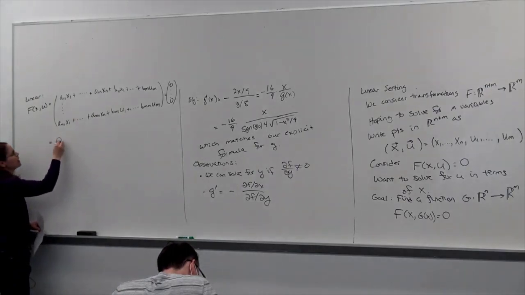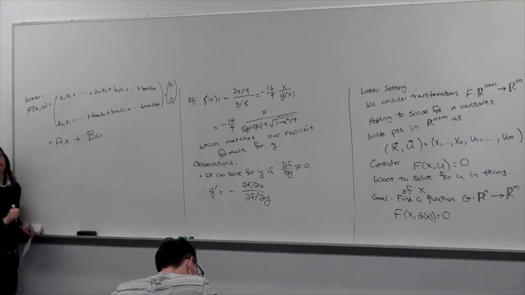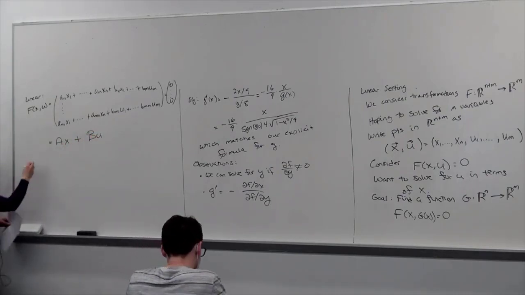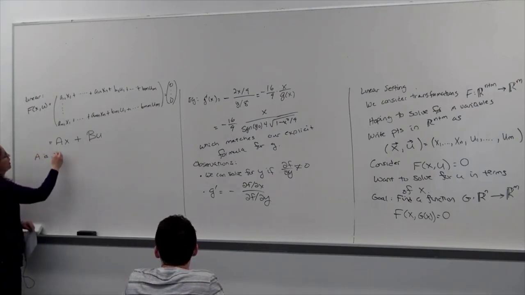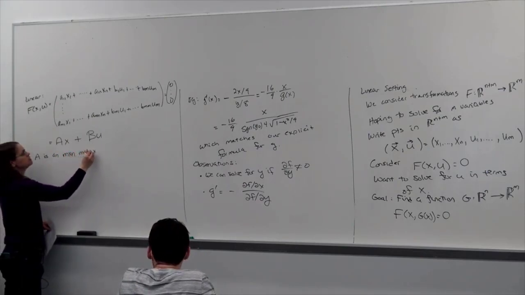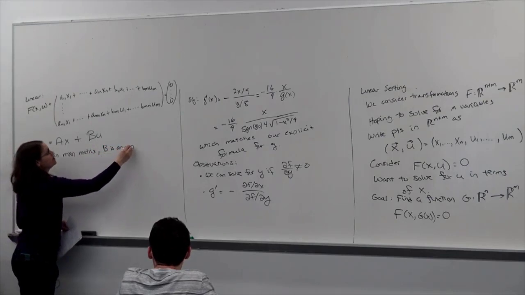One matrix that acts on x, and a second matrix that acts on u. And what are these? A is an m by n matrix, so it's not square. And B is an m by m matrix.